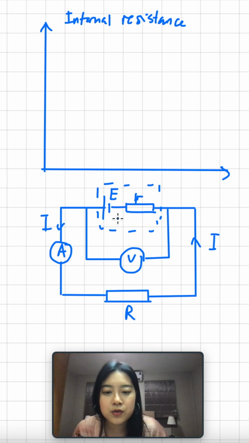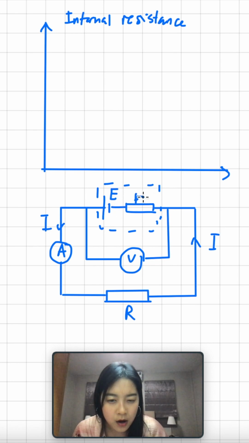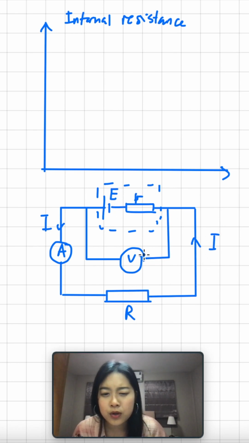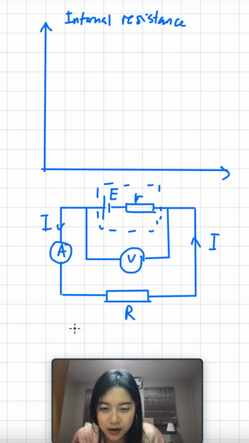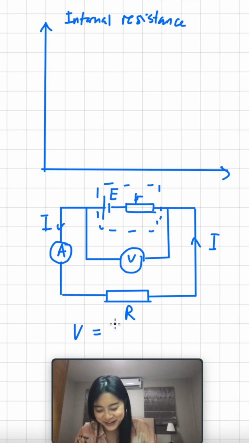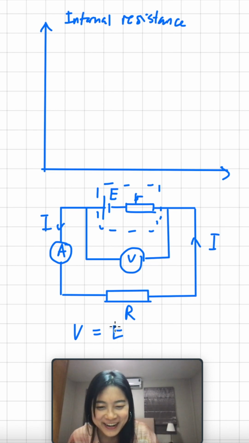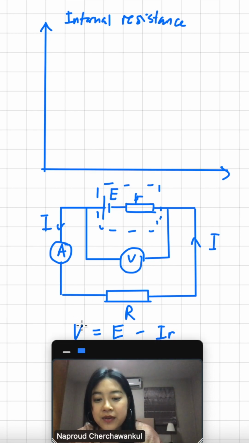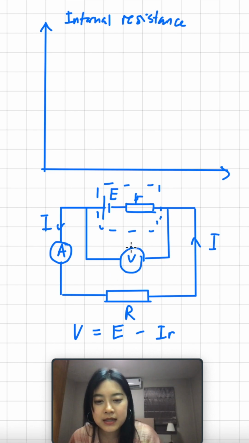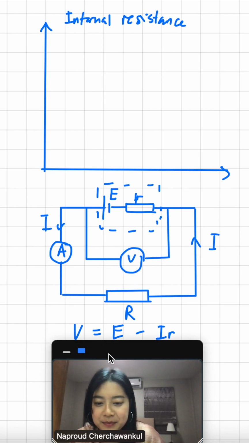So there's a relationship between E, I, R, small r, and V, which I really didn't get at all in the beginning, but it is: V is equal to E minus Ir. E is the EMF here, and V is what you call the terminal PD.